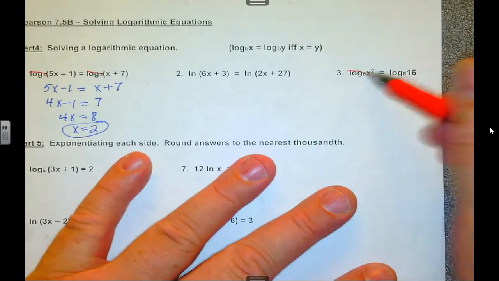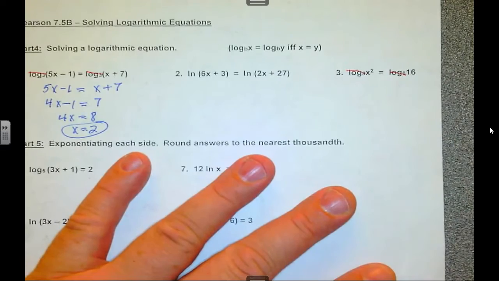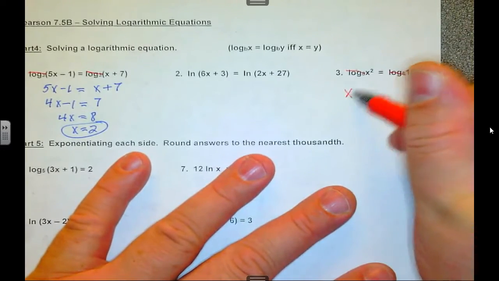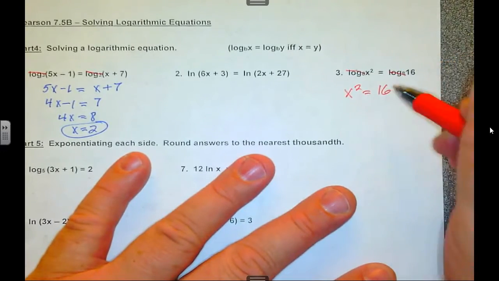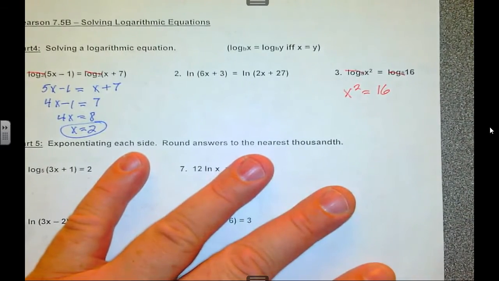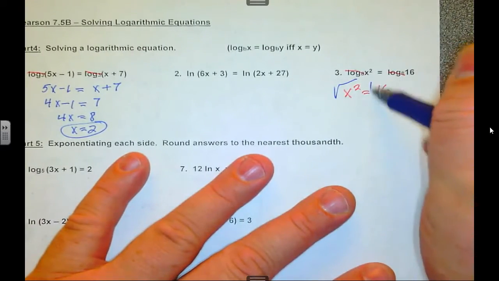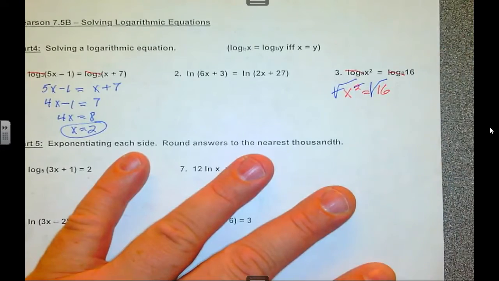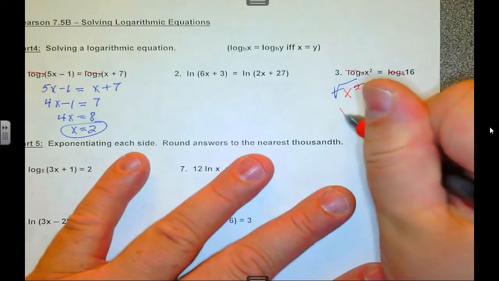Again, the logs are going to cancel out. So I get x squared equals 16. Now what? Square root both sides. So what does x equal?